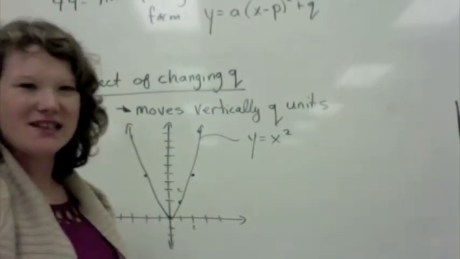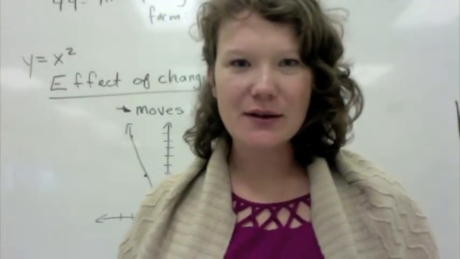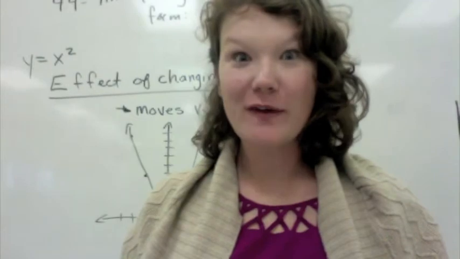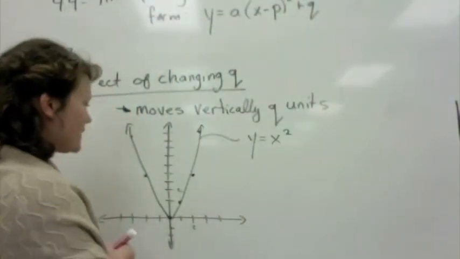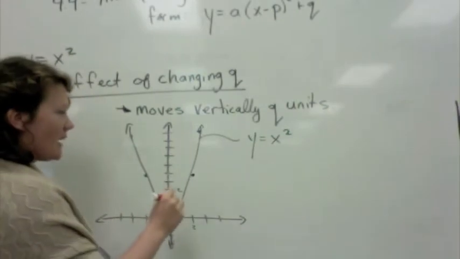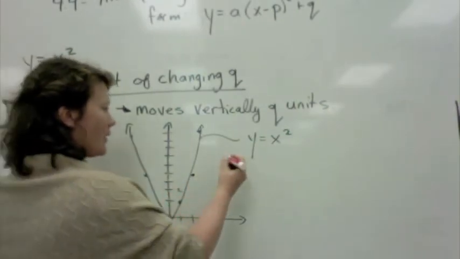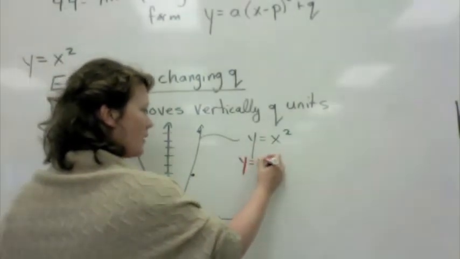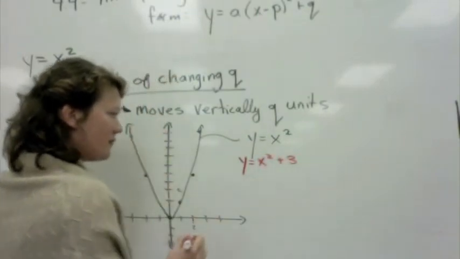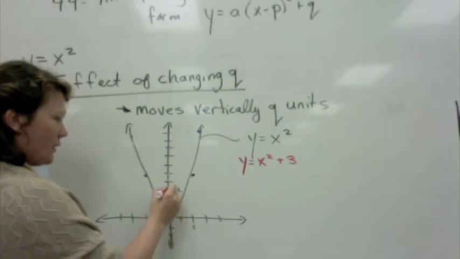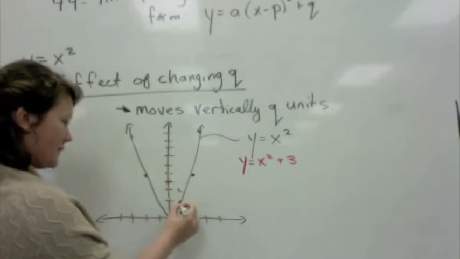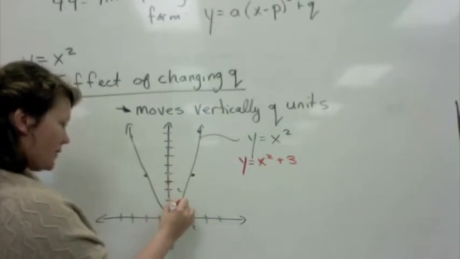Well, what happens if I say y equals x squared plus 3? Well, you just move everything up 3 points. All I'm doing is taking all of my points and moving them up 3. 1, 2, 3. This point here is going to be here.